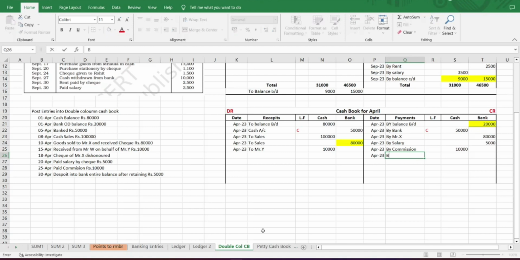So here bank account, capital C, to cash account, capital C. Now we are retaining only a balance of rupees 5,000 with us.